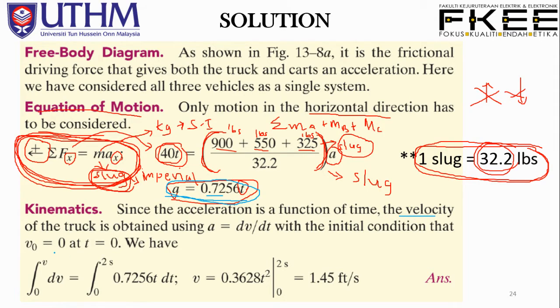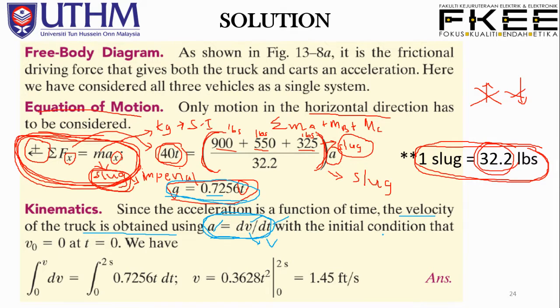The velocity of the truck is obtained using a = dv/dt. At the end of the analysis we are going to find the speed, which is the velocity v, so you have to find the parameters relating a, t, as well as v.